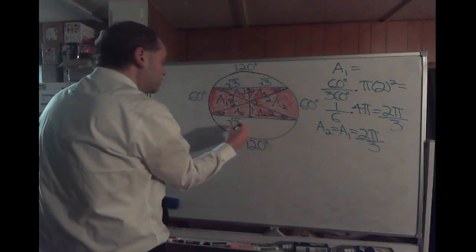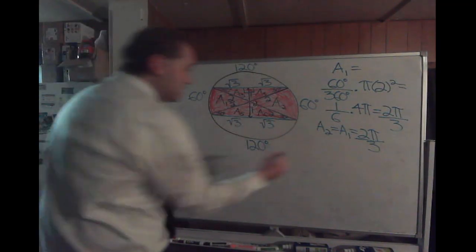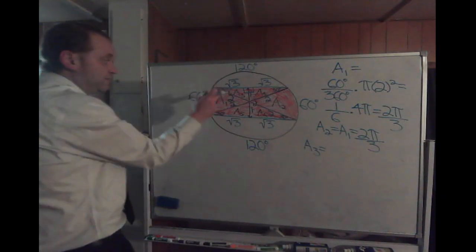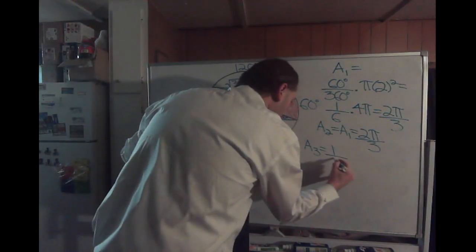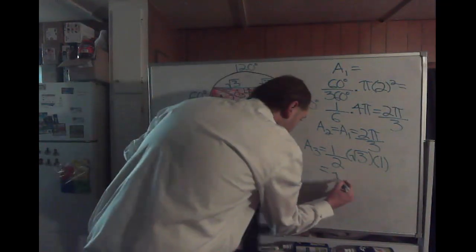You have 4 congruent right triangles, so to find area 3, which is one of the right triangles, you'll take half the base, which would be half of the square root of 3, times the height, which is just 1, which would end up giving you what? Just the square root of 3 over 2.